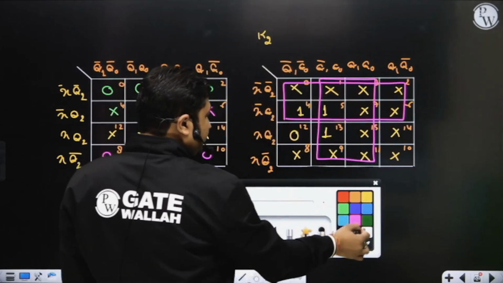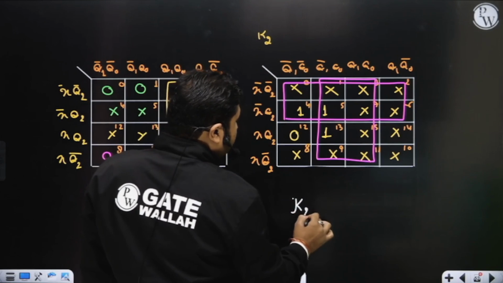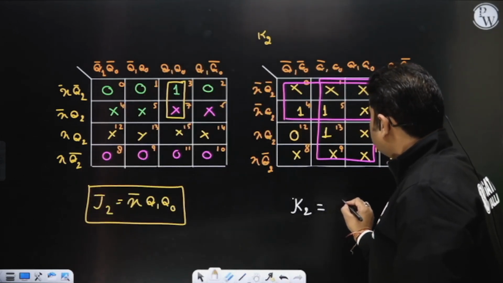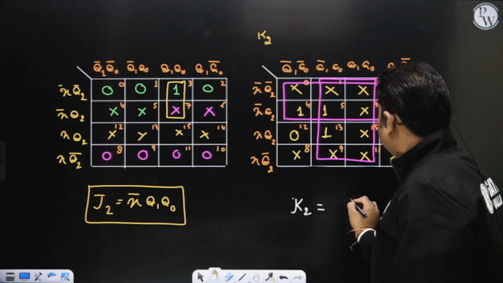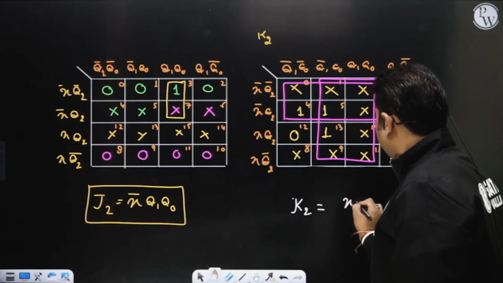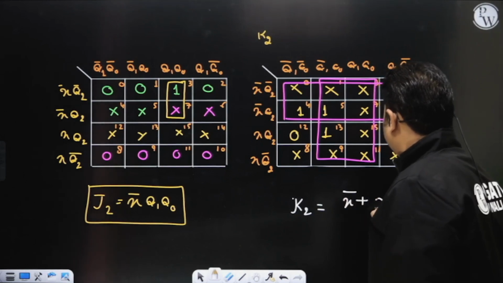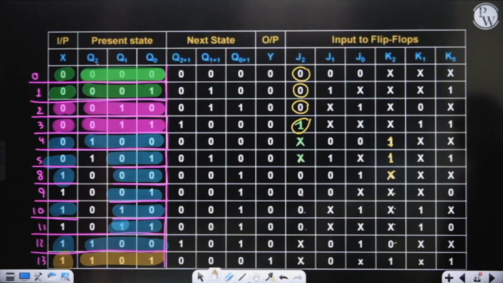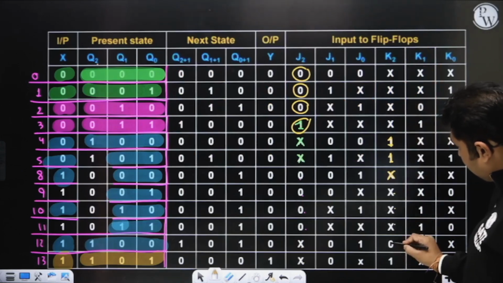So what is the minimized expression for K2? We have the minimized expression for K2 as X bar plus Q0. There is only one 0 in the entire K2.